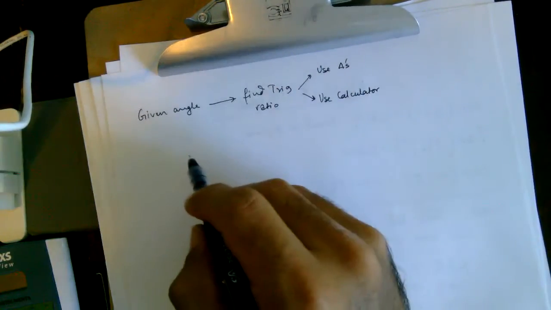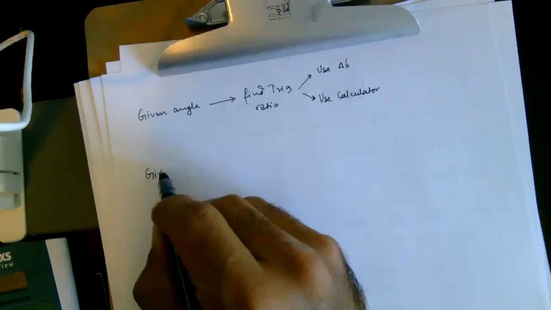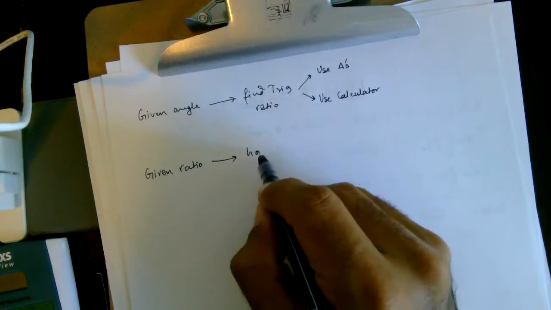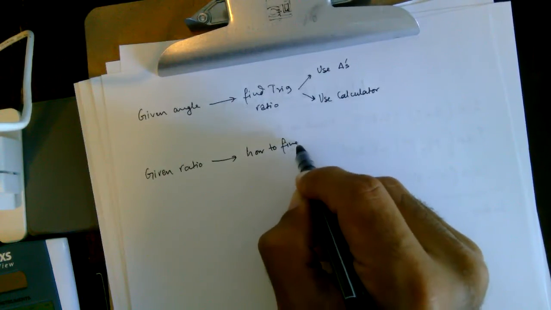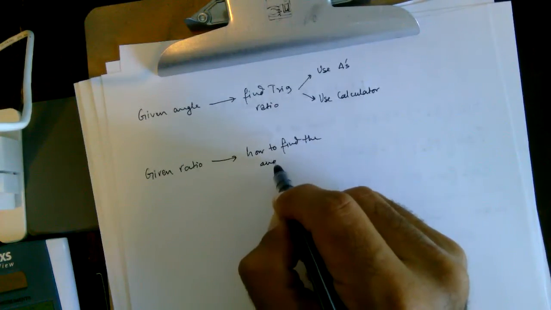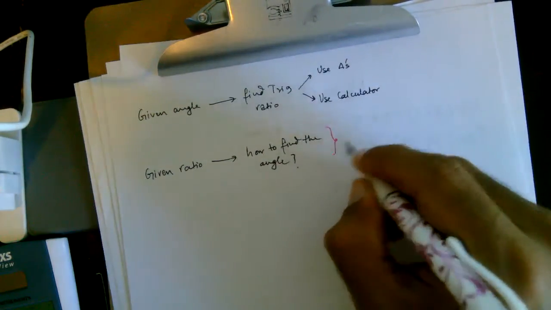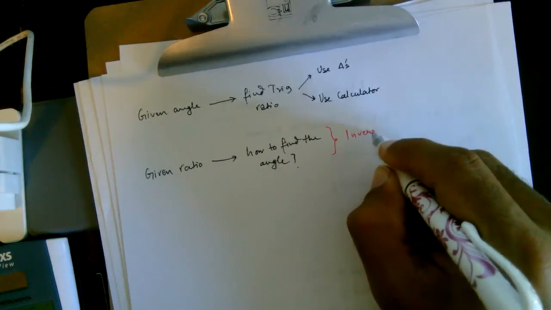And now we ask the opposite question. Given a ratio, how do we find the angle? In order to do this, we use something called inverse functions.